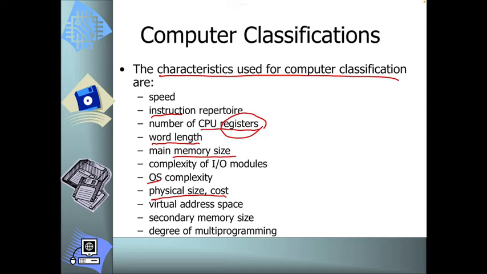And then we have virtual address space, secondary memory size, and last but not least, the degree of multi-programming. So if the computer can do different types of programming, it is also one of the characteristics of computers.